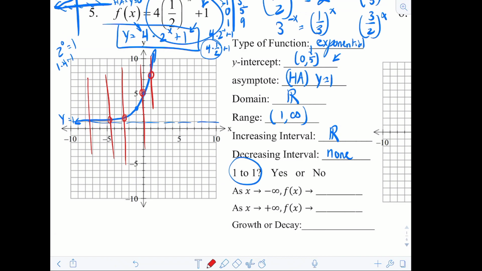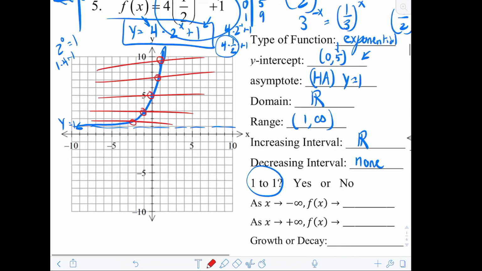But we also have a test to determine whether its inverse is going to be a function, and that is called the horizontal line test. So if I have horizontal lines coming in, do they only hit the graph once? If they hit the graph twice, then you know that its inverse is not going to be a function. The original can still be a function, but its inverse is not a function.